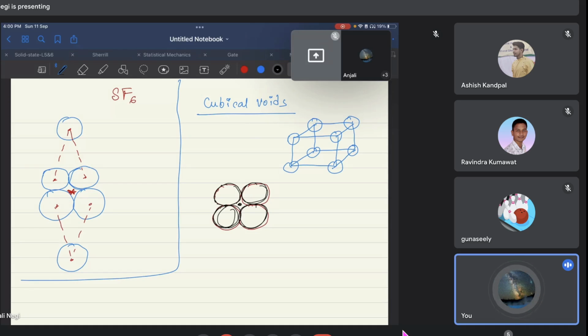So the one that I wanted to discuss with you was close packing in 3 dimensions. So in 3 dimensions we have layers of packing. So it will be layer A, layer B, layer C, or either layer A, layer B and layer A again.